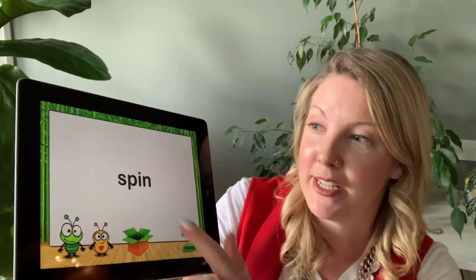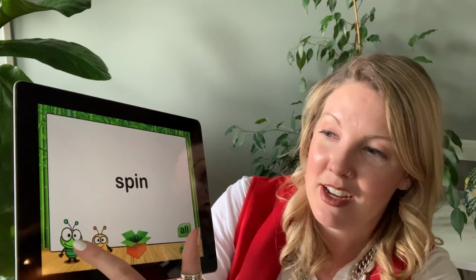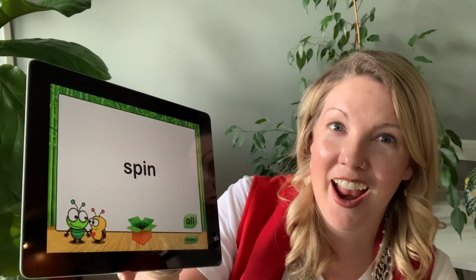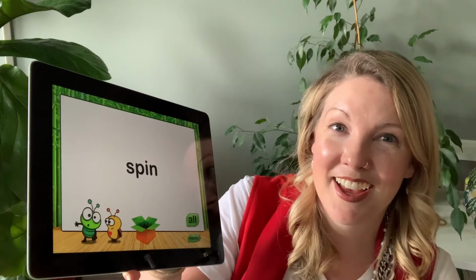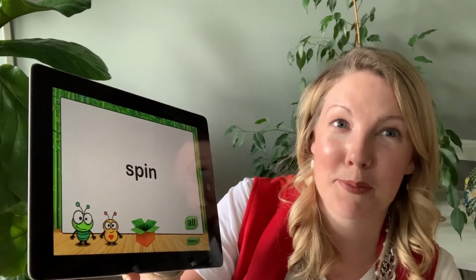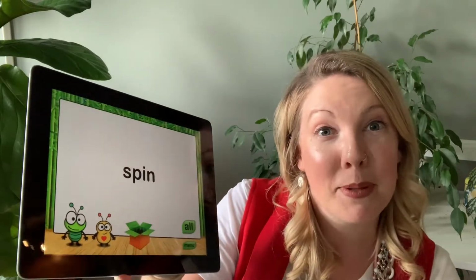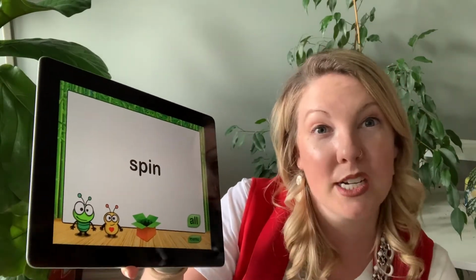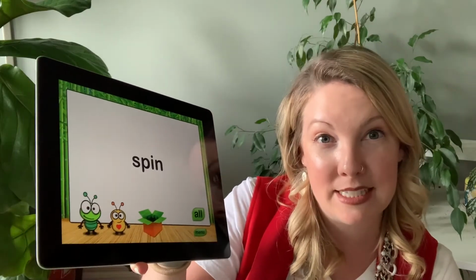So for spin, if we touch the word, it shows that the word is spinning. And if we touch stretch, it shows stretch spinning. So you can let the child play around with all the different words and touch, and it will show them what that word actually means.